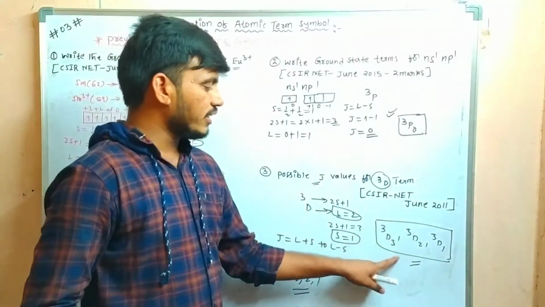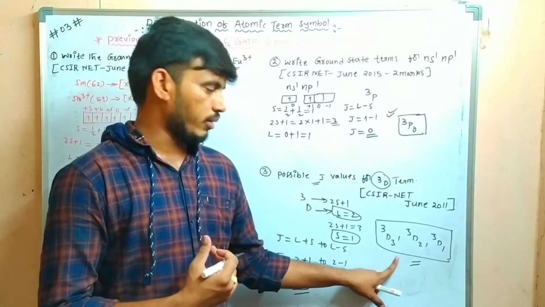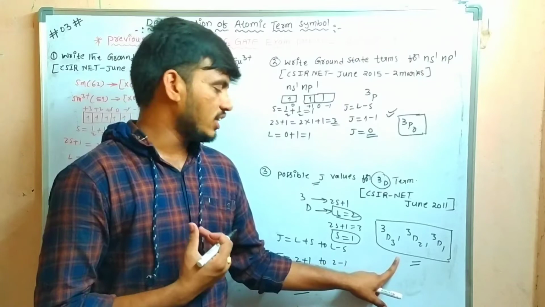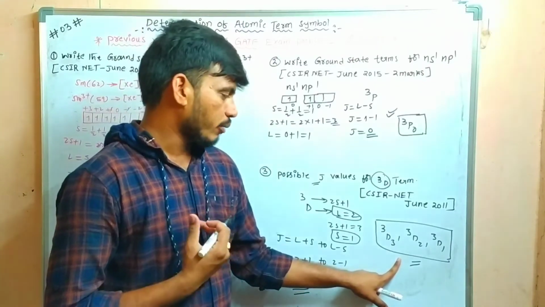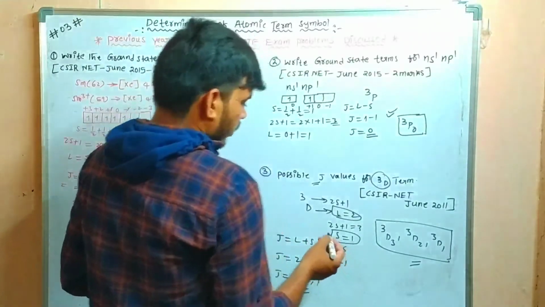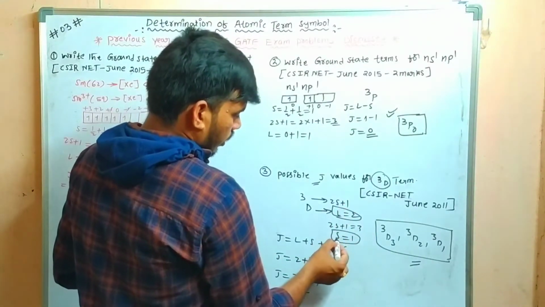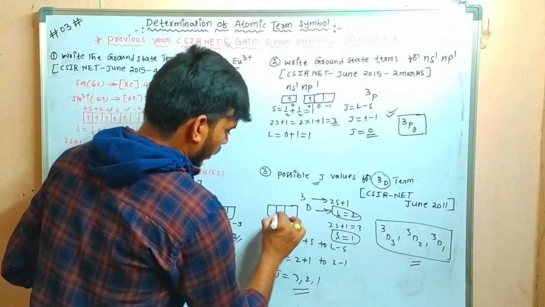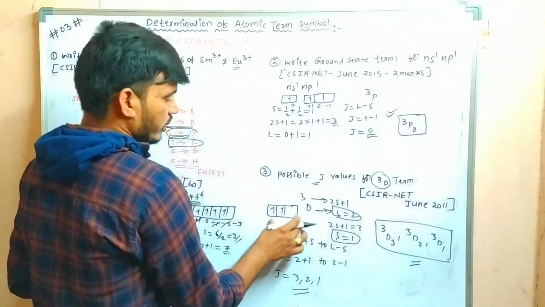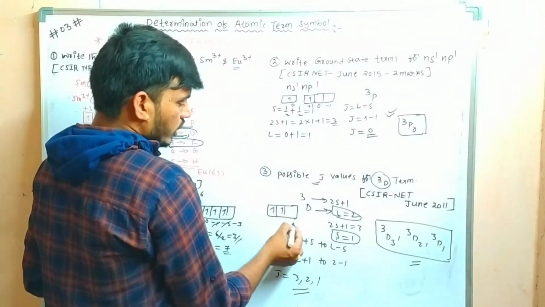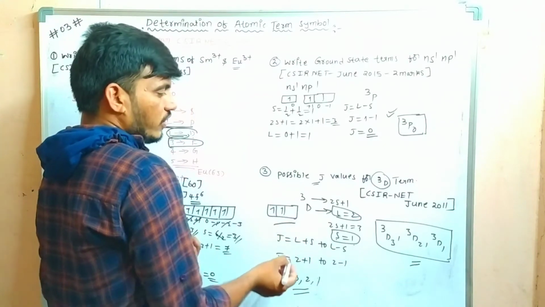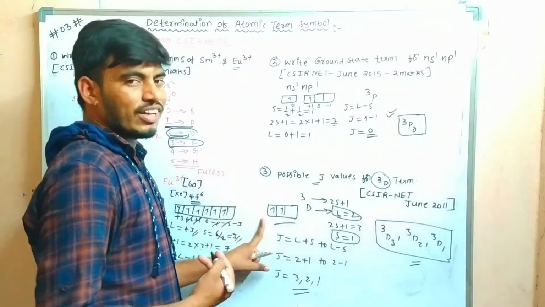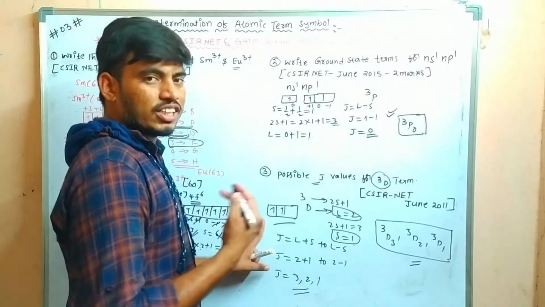But among these three terms, which one is the most stable term, the lowest energy state or ground state term? Here the S value is 1, and the configuration is arranged in this manner. It is less than half filled, and for less than half filled the lowest J value is the most stable term, that is the ground state term.